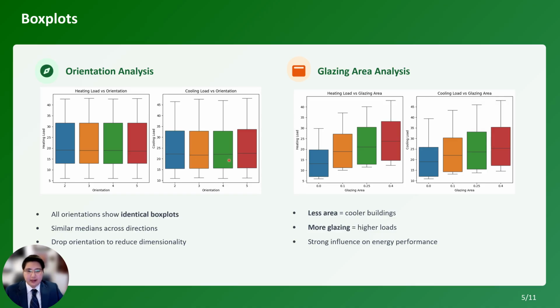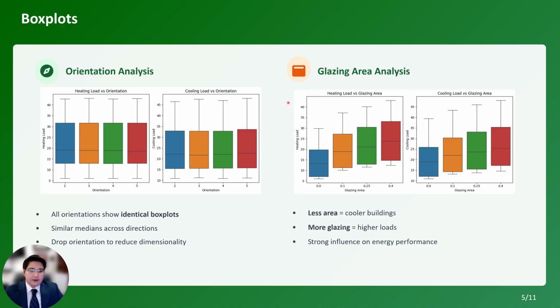Especially when we look at the median for each orientation, we see that there's no difference. So based on this information, we can drop this feature since it won't impact the performance of our model and we won't gain much information from it. This will also help us to reduce dimensionality.